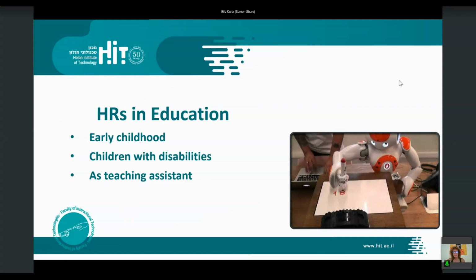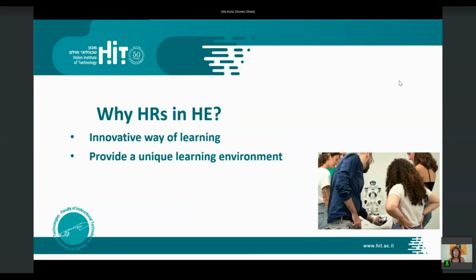Children really connect to the robot much more than to a human because it doesn't intimidate them, and they are not frightened of it. Another body of research is on using humanoid robots as teaching assistants. But I wanted something else. I wanted to use it differently.